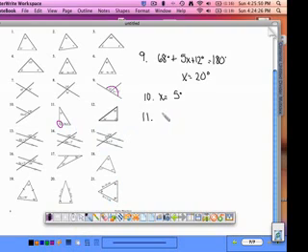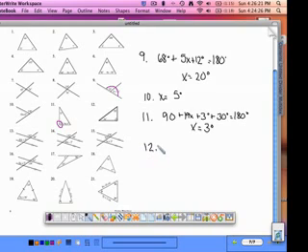So when we write our equation, we would write 90 plus 19x plus 3 degrees plus 30 degrees is equal to 180 degrees. When you finish solving this equation, the correct answer will be x is equal to 3 degrees.